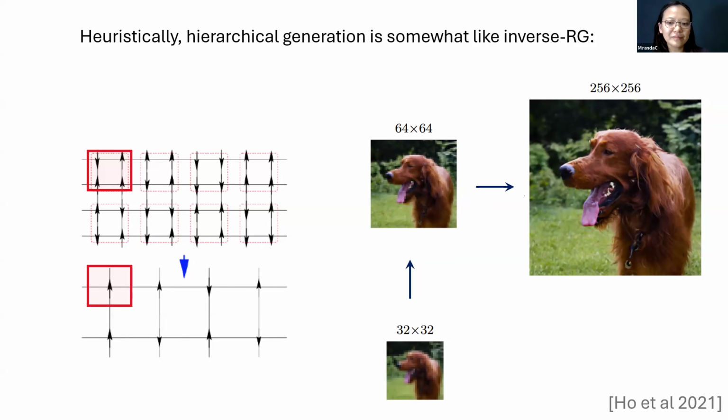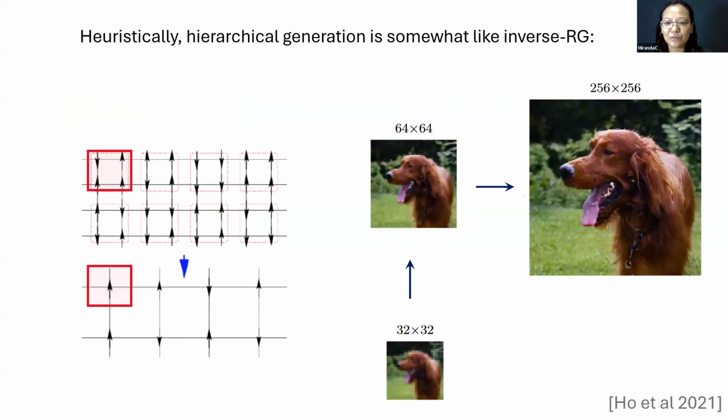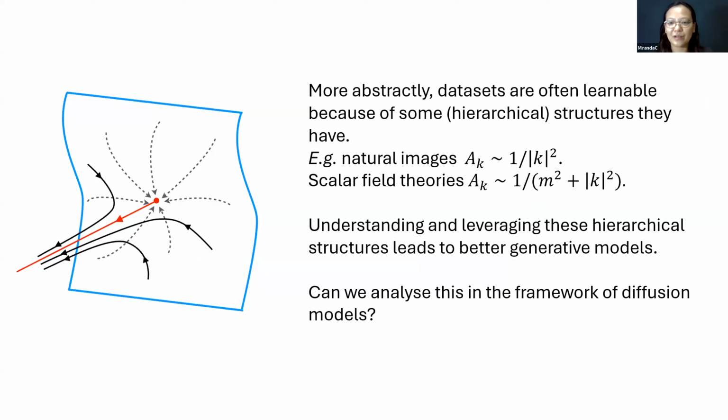Why is this hierarchical generation useful? Well, because there's oftentimes a lot of structure in the data and you want to exploit that. Or to put it another way, data sets are often learnable because of some kind of structure, oftentimes hierarchical structure, that they have.